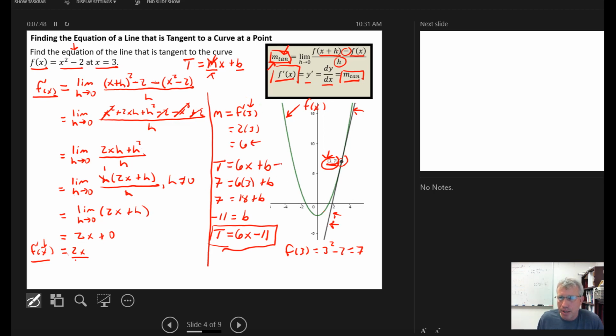I update the tangent line formula. I calculate the output of the function f of x at the input I'm interested in to get a point on the line, and I can use that point to find b. The process would be similar if you were using the point-slope form of a line.